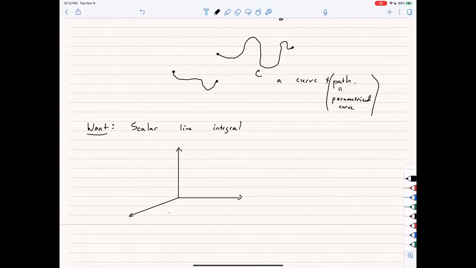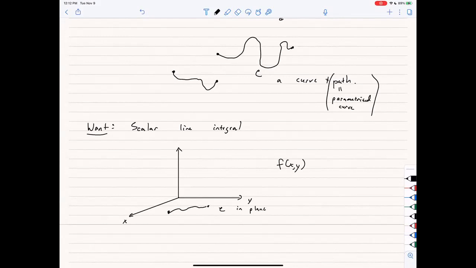All right. So let's say I have a curve here. This is my curve C, and this is in the XY plane. I'm not thinking of it in 3 space. Then I'm going to define a function f. I'll think of f as a function on, say, 3 dimensions, but I can also start on the plane.